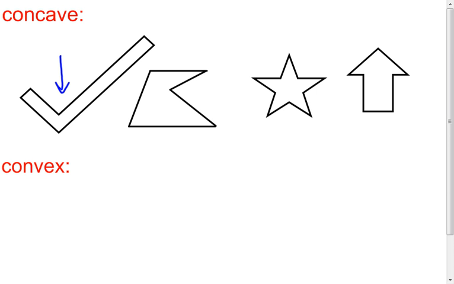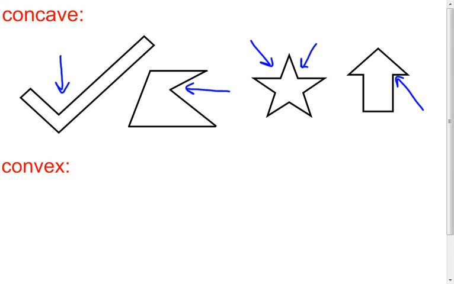So it's called concave. Big cave right there in the pentagon. The star, or a decagon, it's caved in all over. There's lots of different places where it gets caved in. And here in the arrow as well, which has what? 3, it's a 7, so it's a heptagon. That's concave as well, because there's a spot where it kind of looks like it's going in.